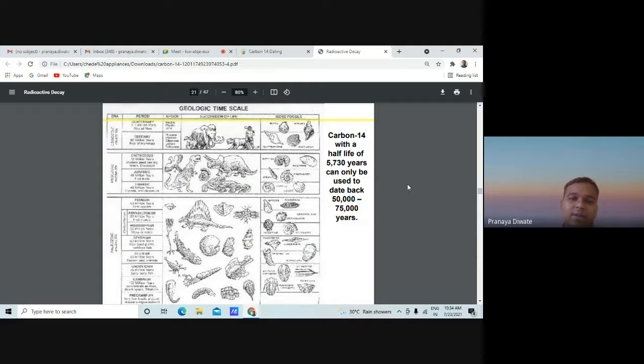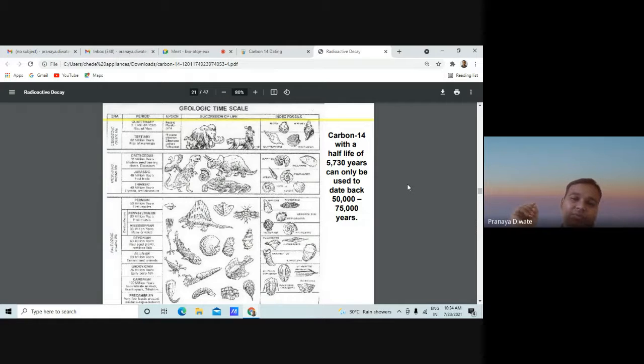So then why are we using this one? If it does not cover a very long time frame, why are we all using it? We use it because carbon 14 gives you very absolute ages. What is meant by absolute ages?